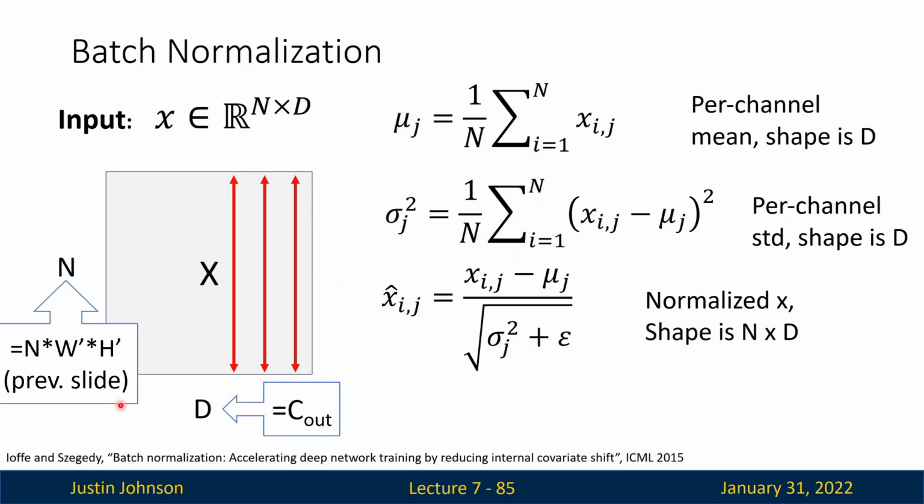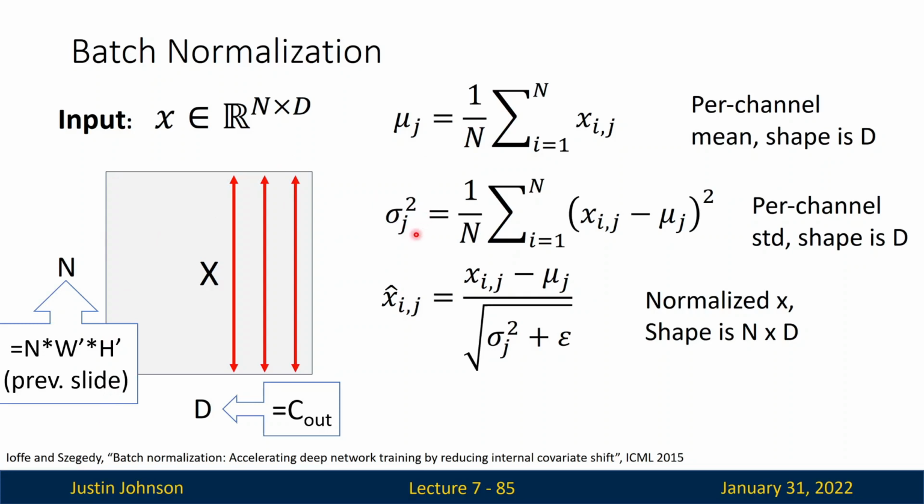One dimension is the number of output channels, and the other is all other remaining dimensions. Then batch normalization is: we compute the mean along C out. If we have 6 output channels, then we compute 6 means. Each of them is the average of the N numbers, and we also calculate the standard deviation for each channel.